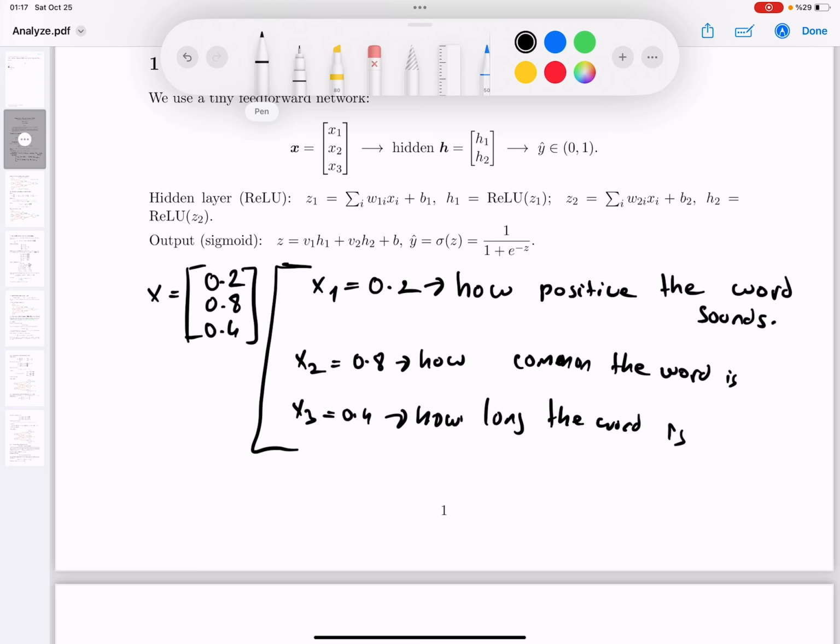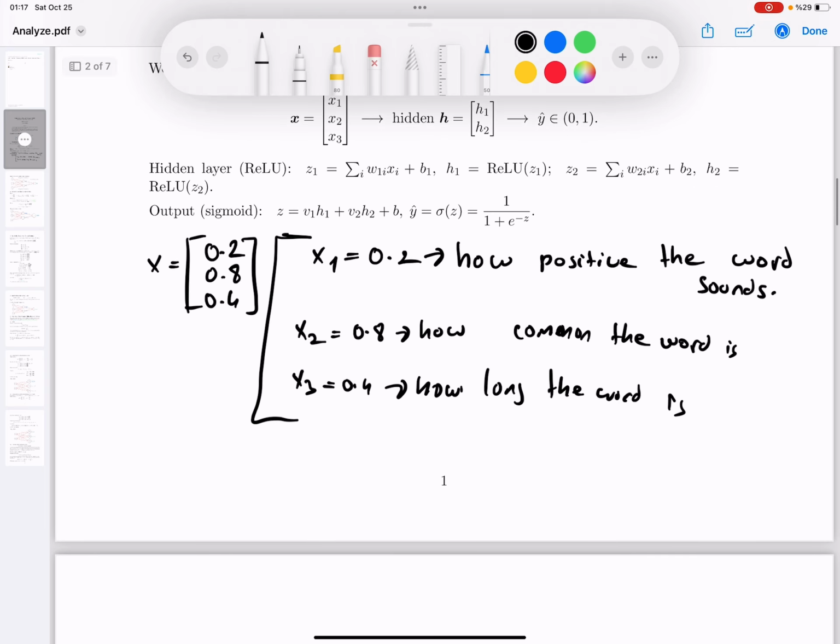Maybe is the word positive and common. It got, for example, z equals 0.1, a tiny positive. Then weak yes, it's a tiny positive.